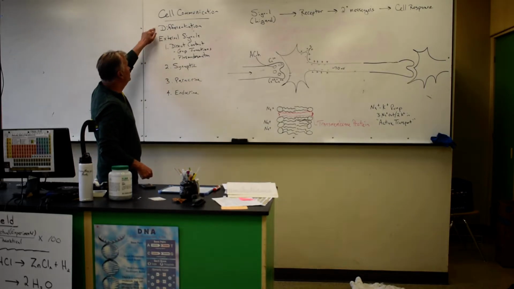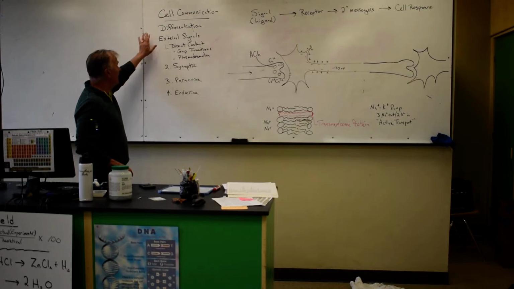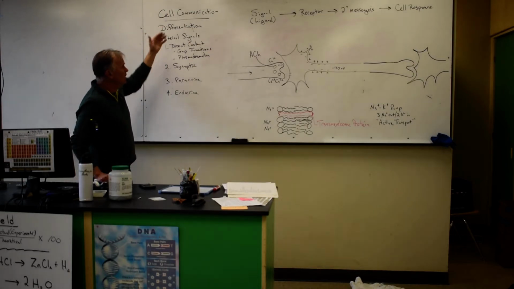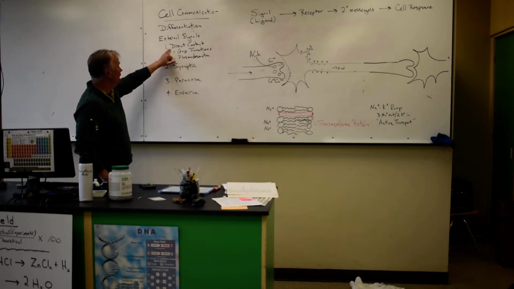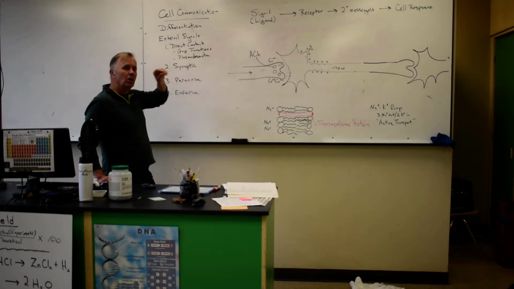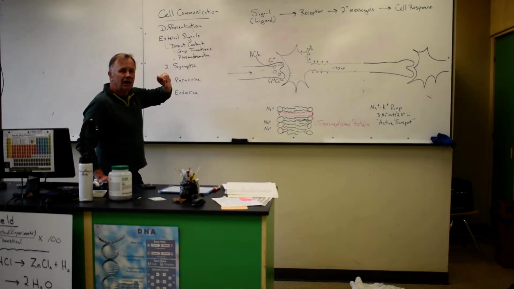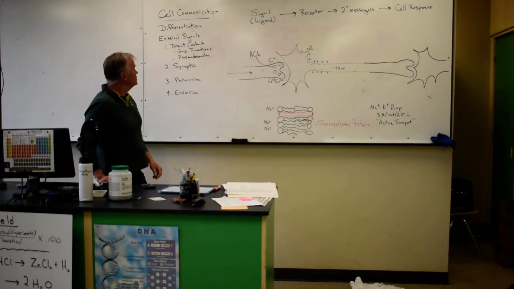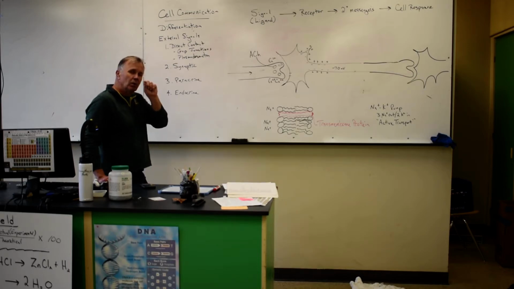That's differentiation. Now, external signals. How can cells communicate? Well, first of all, there's direct contact. Some animal cells have gap junctions, which are little openings between the cytoplasm, so small materials like ions and small molecules can go right from one cell to another.